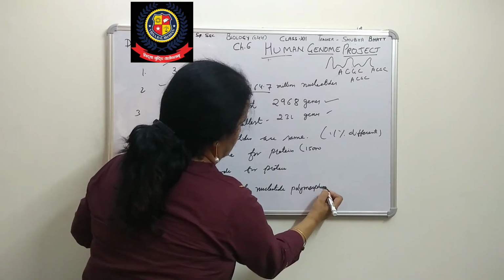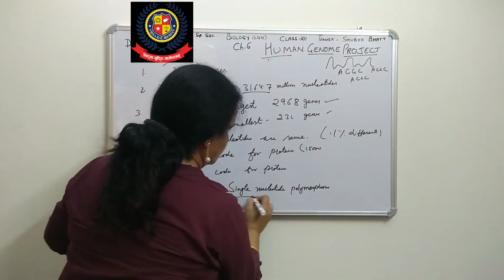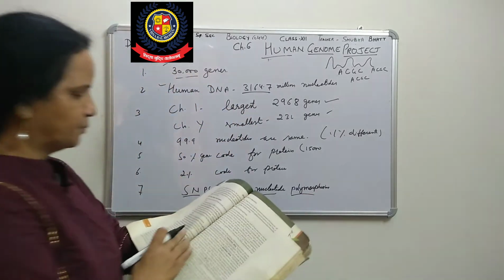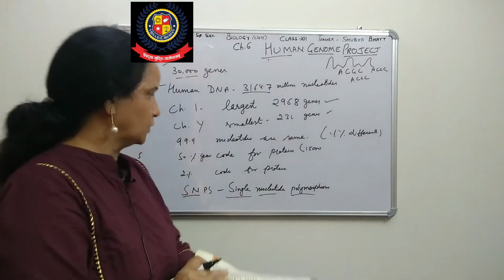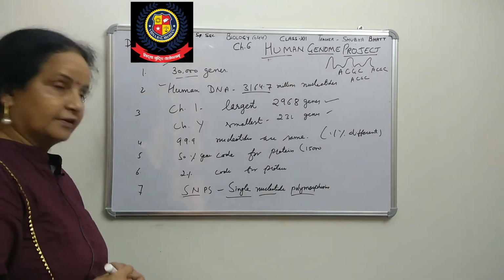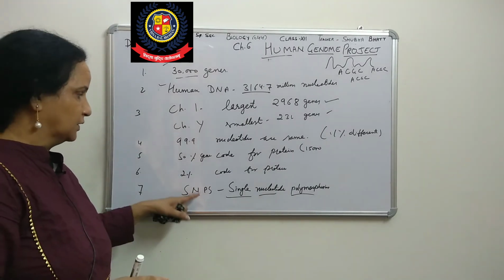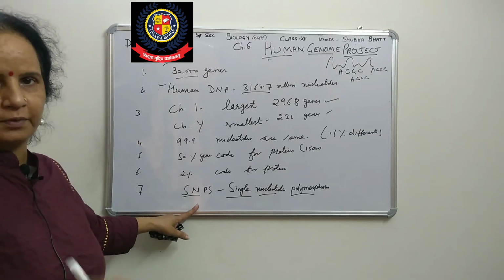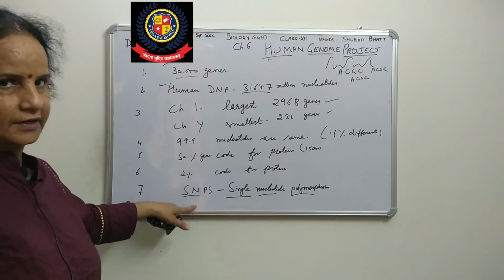It's very important. Single nucleotide polymorphism is in short called SNP. The I is not there, but we call it SNPs. This time in the exam SNPs were asked in the question paper, and only a few students solved it.